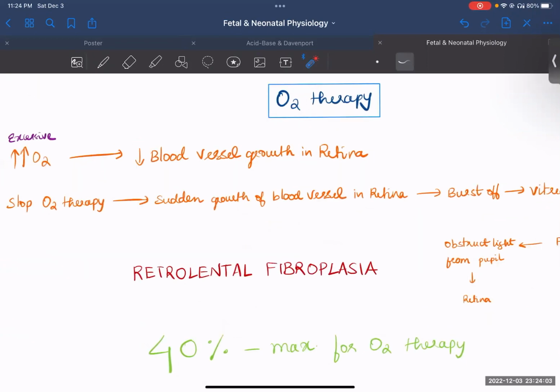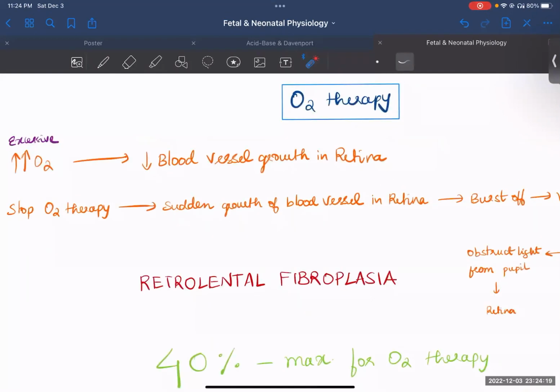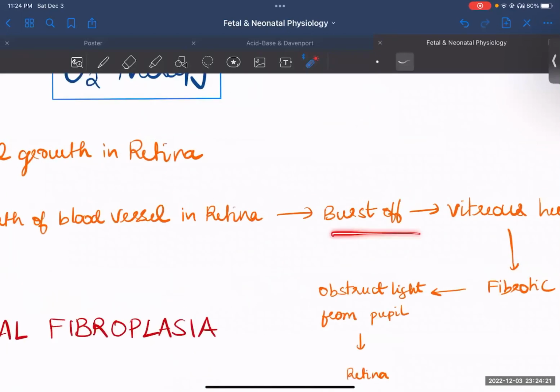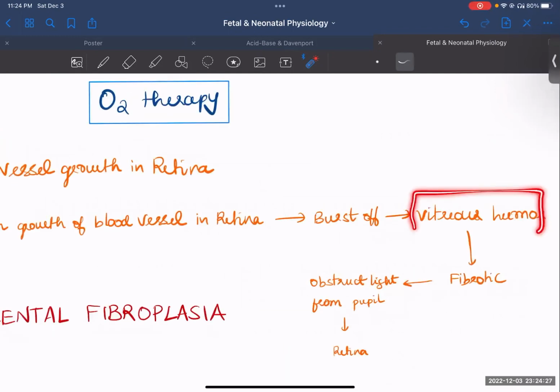Now, obviously, the baby is not going to be on oxygen therapy for the entire life. So at a point, you're going to stop the oxygen therapy. When you stop the oxygen therapy, the blood vessels in the retina are going to suddenly grow towards the retina. During that sudden growth, there's going to be bursting, an explosion of these arteries. As a result, there's going to be blood all around the vitreous humor of the eye.